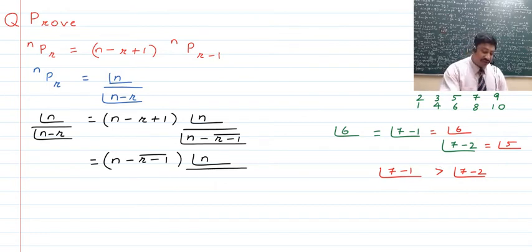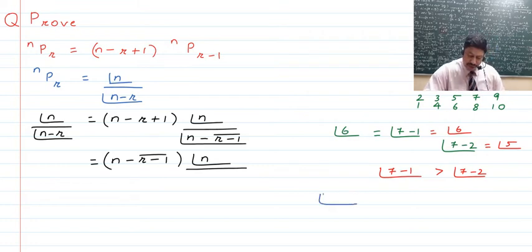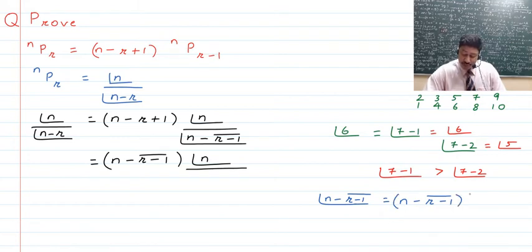Now children, if we talk about factorial of (n − r − 1), we can write this starting with (n − r − 1), which is the largest number here. And then we will be talking about the next lesser number, right?